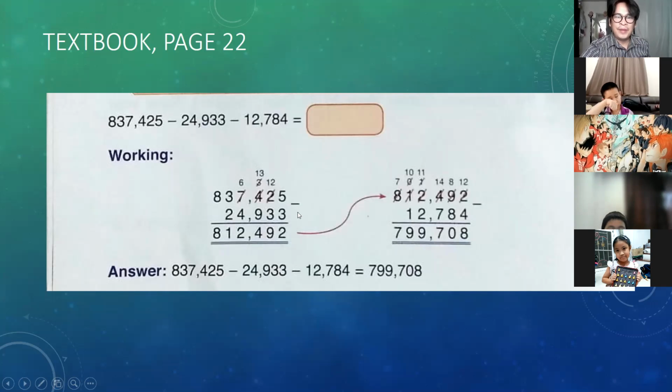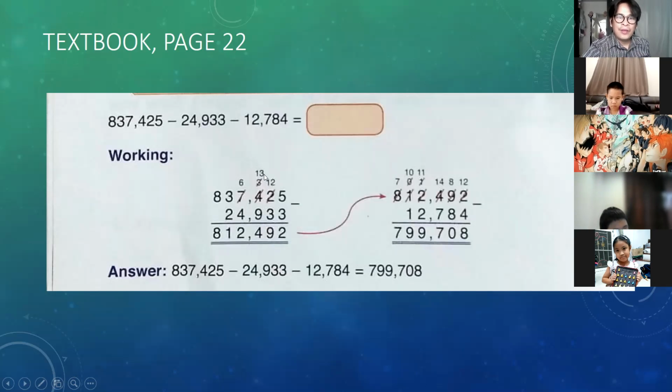So look, 5 minus 3 equals 2. 2 becomes 12 because 2 minus 3 cannot be subtracted. 2 is smaller than 3. So 2 becomes 12. We borrow from 4. 4 becomes 3. 12 minus 3 equals 9. 3 minus 9 cannot be subtracted. 3 is smaller than 9.